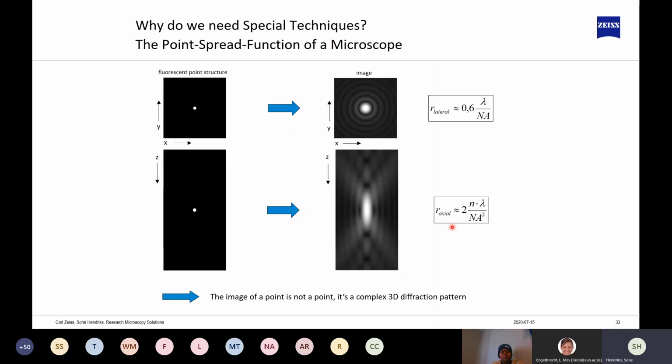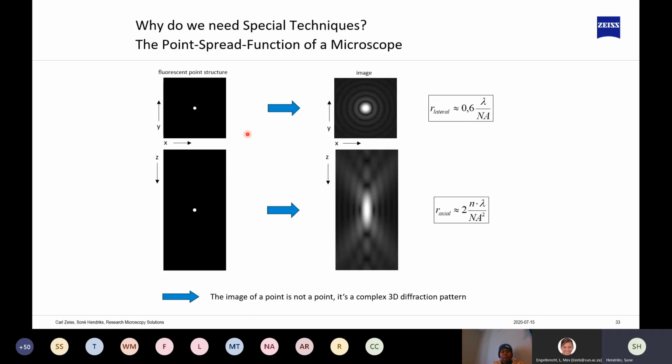We luckily can still define this. The axial resolution also has a very specific equation that is coupled to that. But now, the image of a single point in 3 dimensions is no longer a point the moment that I put it under a microscope. It becomes a very complex 3D diffraction pattern.